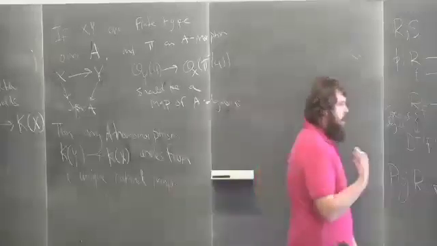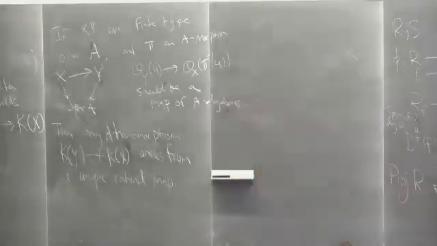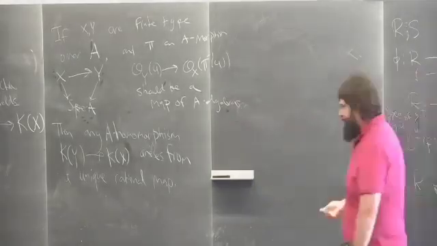So since I'm only trying to construct a rational map, it won't change anything if I replace A and B, X and Y, by affine open subsets.